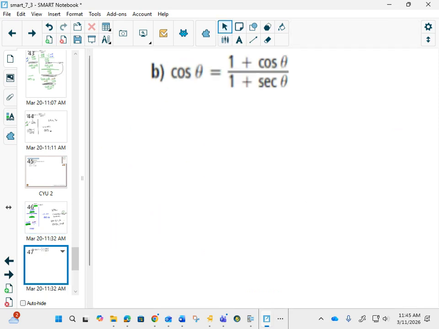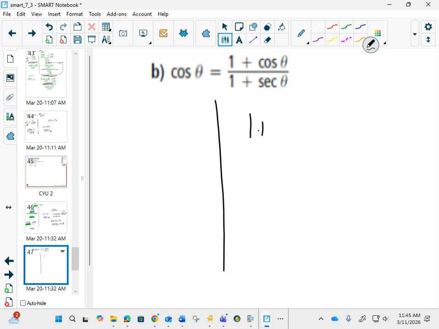We'll prove it first. Draw the line. I don't see any shortcuts, so I go with the main strategy. Main strategy says change everything to sine and cosine. So I'll change my secant to 1 over cos.